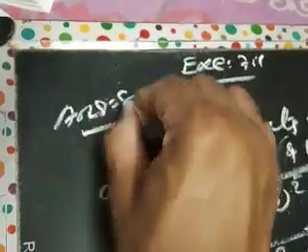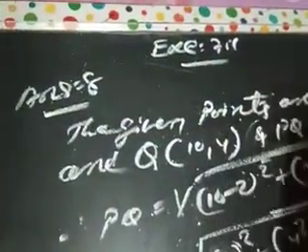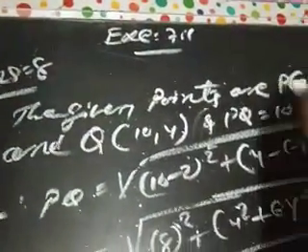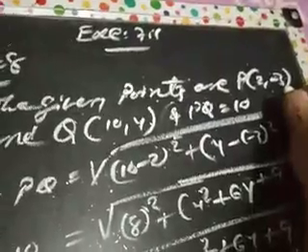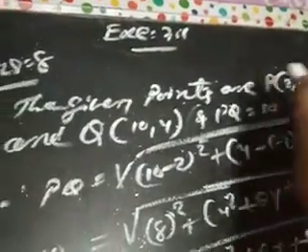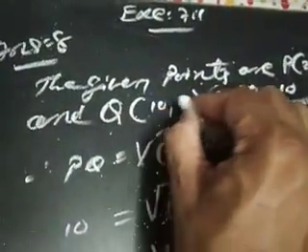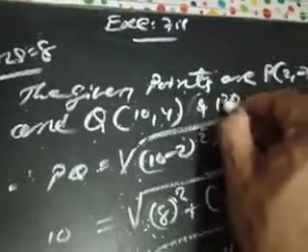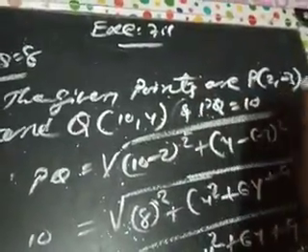Okay, so the given points, now you see here, answer number 8, the given points are P into bracket 2, minus 3 and Q into bracket 10, y. Okay, and the distance between them, that is PQ, is equal to 10.